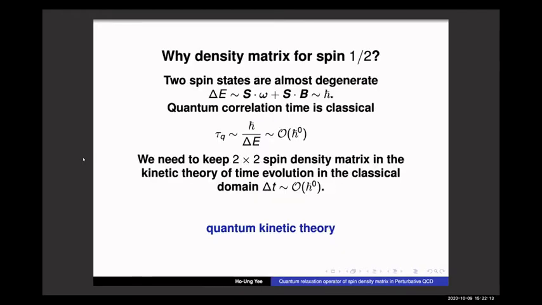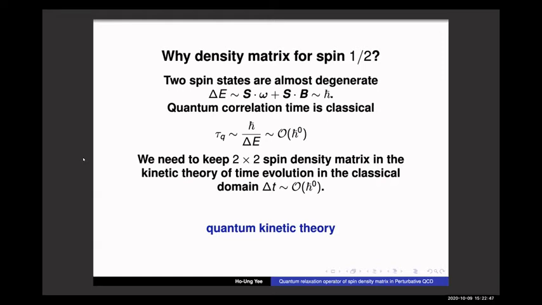So let me start the discussion by explaining why we need to consider the density matrix. The point is that the energy shift due to the spin degrees of freedom is basically order h bar, which means that the quantum correlation time involved is zeroth order in h bar, which is the classical regime.